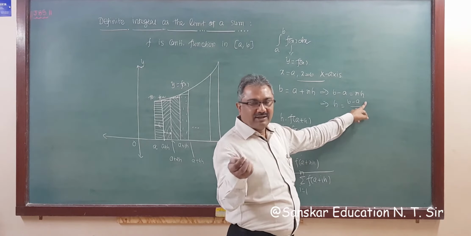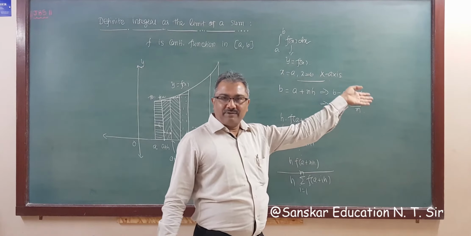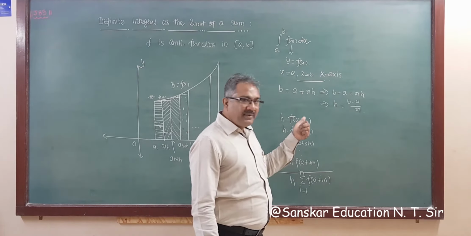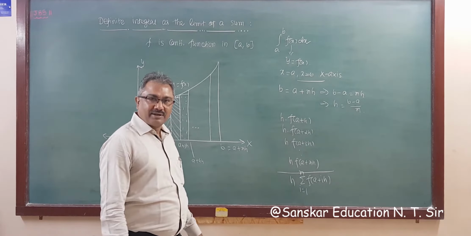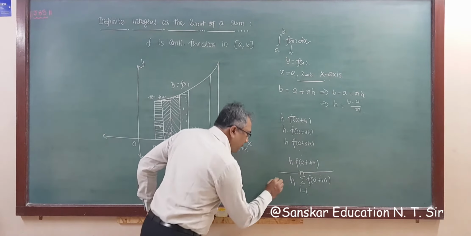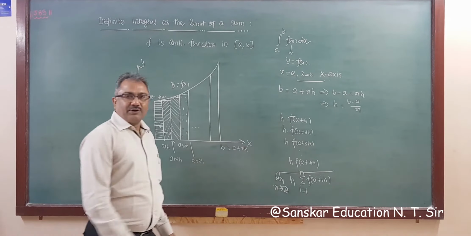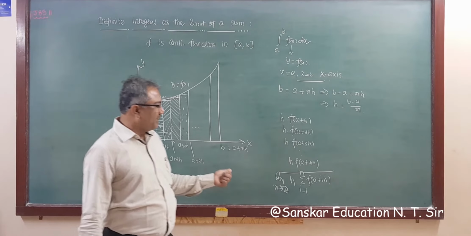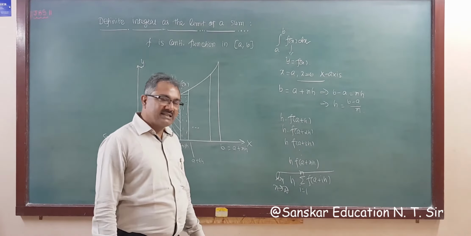As n tends to infinity, 1 upon n is 0, which means at that point we get the correct area. So applying the limit n tends to infinity, h is equal to b minus a by n, that's why.